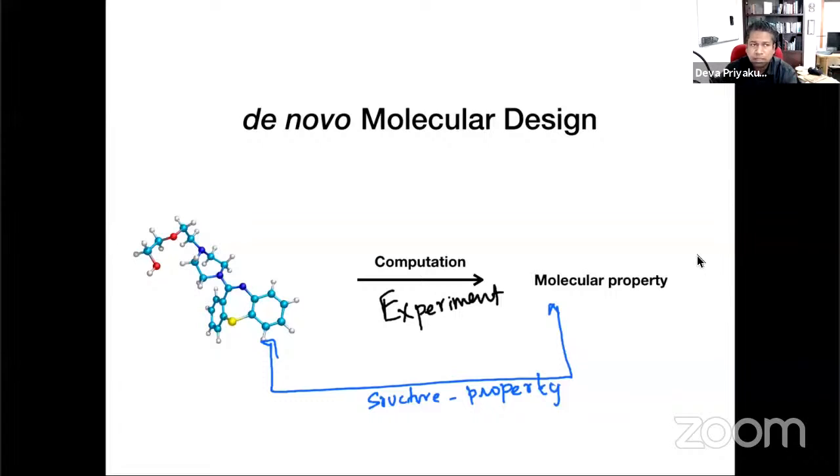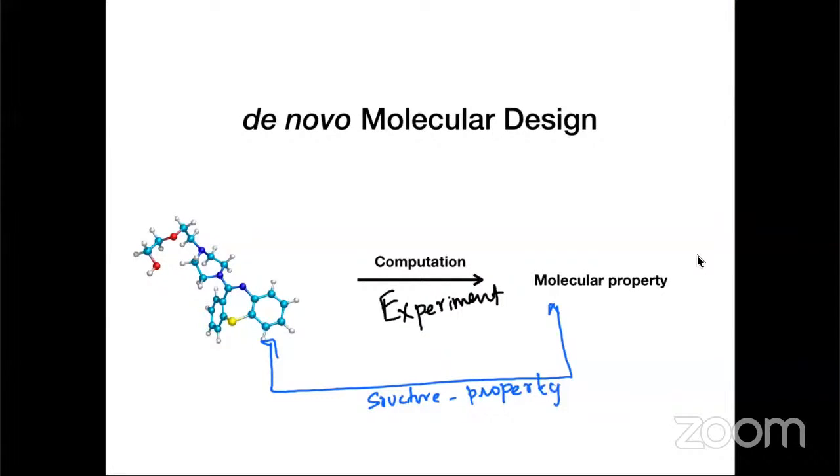For example, I say that I want a molecule which will bind to a certain protein. Okay, so let's assume that's my research question, right? So my objective is to design molecules that will bind to a certain protein strongly, which is a high binding affinity.